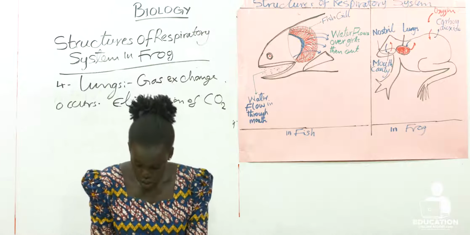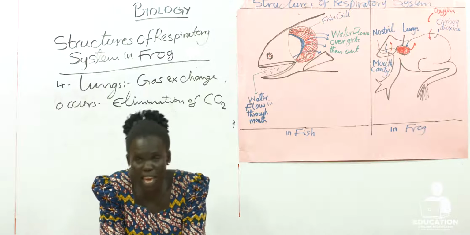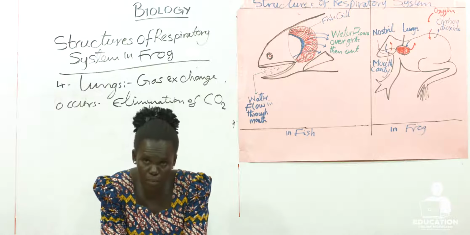again the frog will move down the floor of the mouth to draw the air out of the lungs.